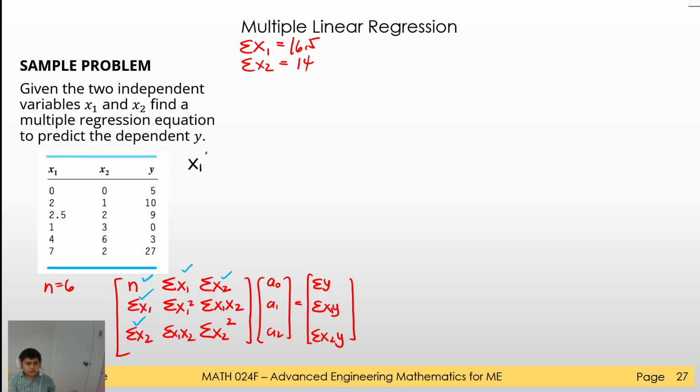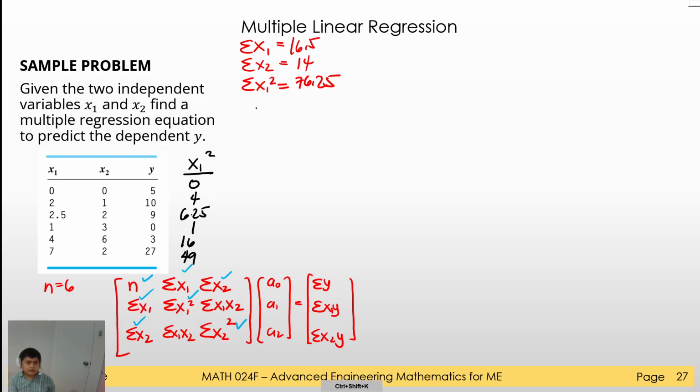So, x1 squared will be 0, 4, so the square of 2.5 is 6.25. Then we have 1, 16, and 49. So the sum of this, I'll just write this down here. So the summation of x1 squared is equal to 76.25.